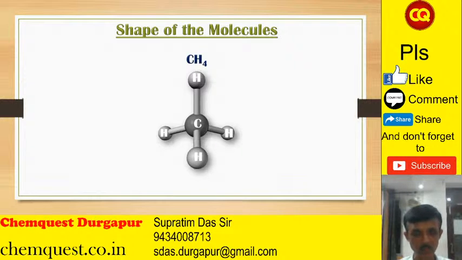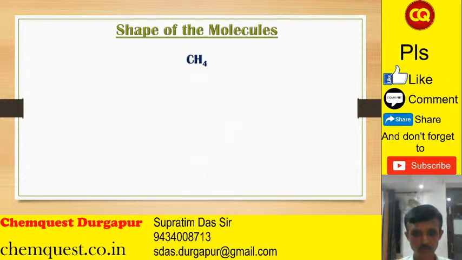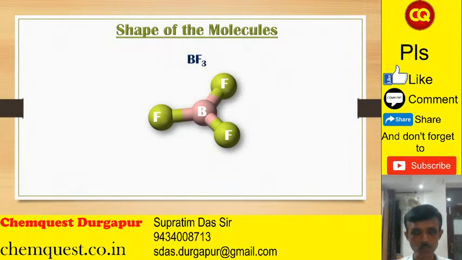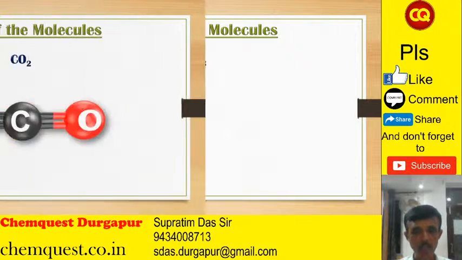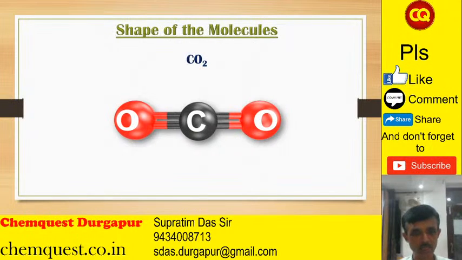It is the three-dimensional arrangement. Previous one is BF3, AB3 type, H equal to 3, trigonal planar. And first one is AB2, H equal to 2, CO2.